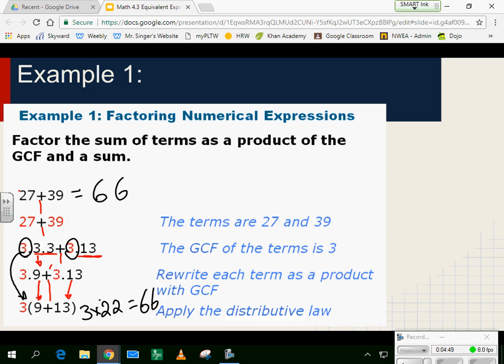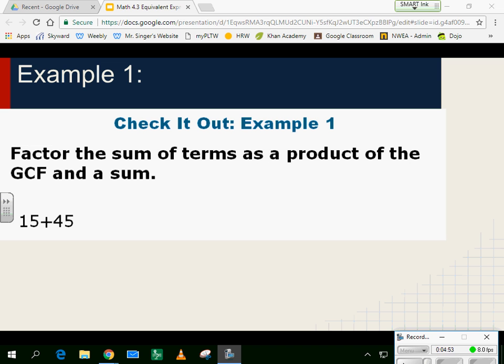I'm going to do one more with you before I have you do some practice problems. Now let me show you finding the greatest common factor in a sum of two numbers using the list method. So let's first list the factors of 15 and 45. For 15: 1, 3, 5, and 15.